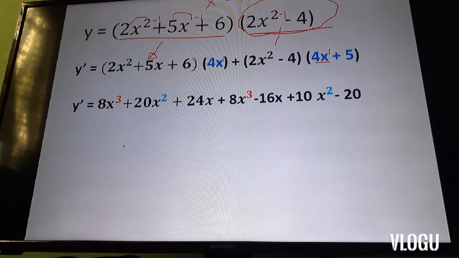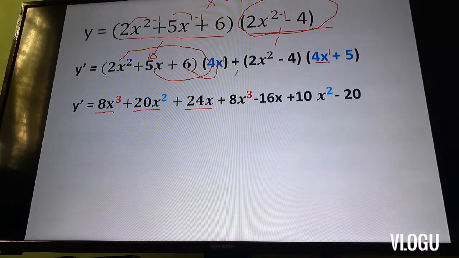So we have to multiply 4x times 2x squared. We just multiply here, and this will become 8x cubed. Again, multiply 5x by 4x, that is equal to 20x squared. Multiply 4x times 6, that is equal to 24x.